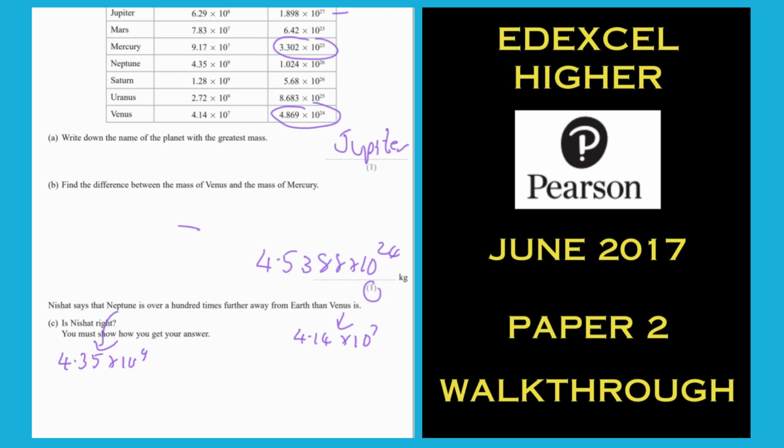So you've got a choice. You could times Venus by 100 or divide Neptune by 100. That's what I did. In other words, 10 squared. Or in other words, take 2 away from the power. Or in other words, do it on your calc.